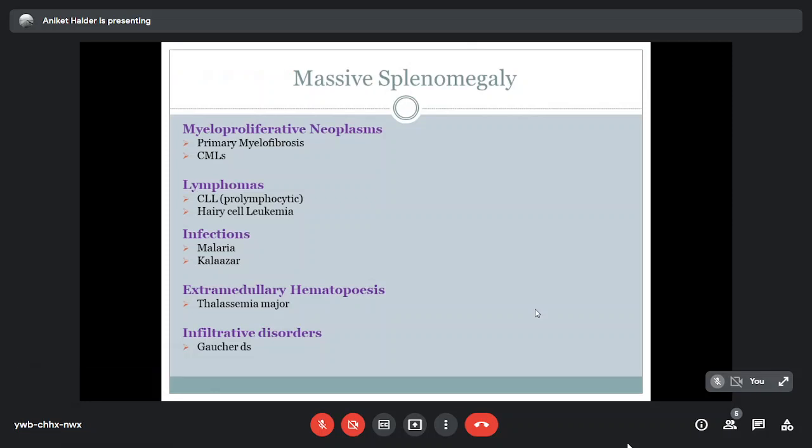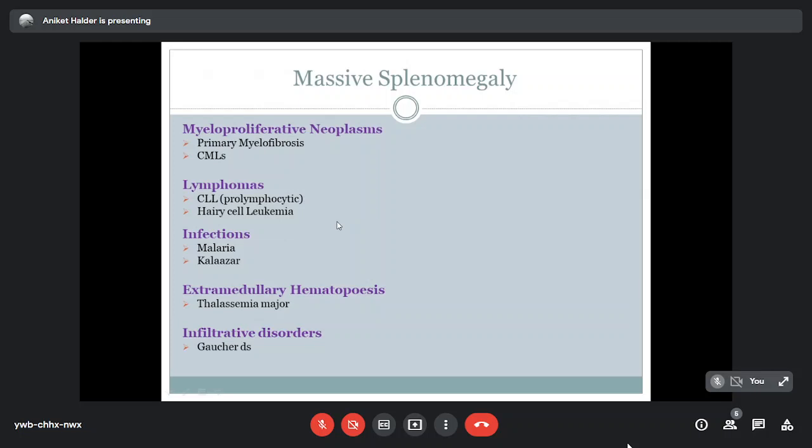So there are some causes which can cause massive splenomegaly. Some conditions like myeloproliferative neoplasms, lymphomas, different infections like malaria and Kala-Azar, they can cause tropical splenomegaly syndromes with massive splenomegaly. This is mainly due to the activation of the white pulp.